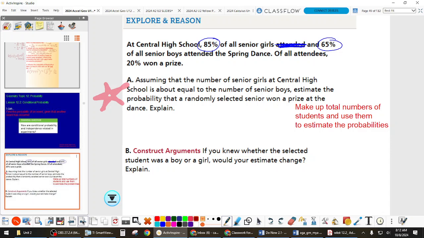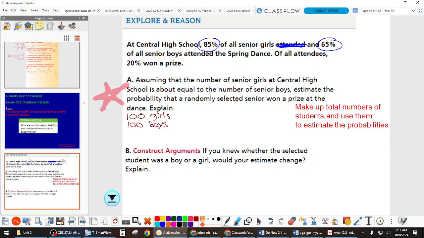Alright. So make up total. This is just a help to calculate this. It says, assuming the number of senior girls at this school is about equal to the senior boys, estimate the probability that a randomly selected senior won a prize at the dance. Okay? So it says make up total numbers of students and use them to estimate. So roughly equal. Let's just do like 100 girls and 100 boys.